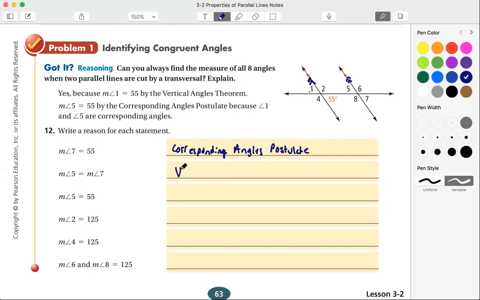That's the vertical angles theorem. Then why does angle 5 equal 55? Notice what I just did: I said angle 7 equals 55, and I said 5 and 7 are equal. So I used the transitive property of equality.